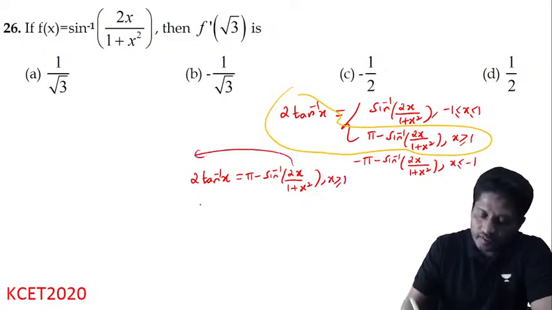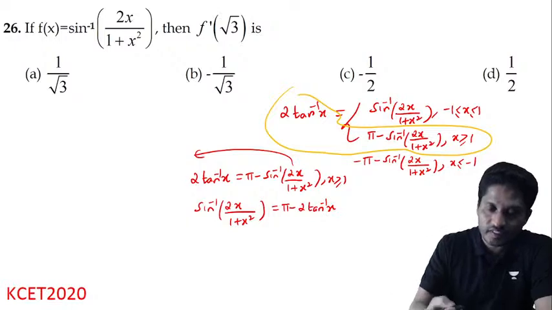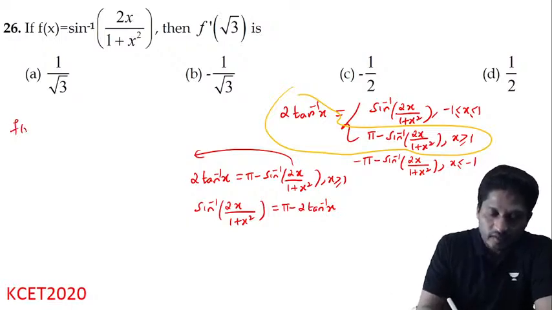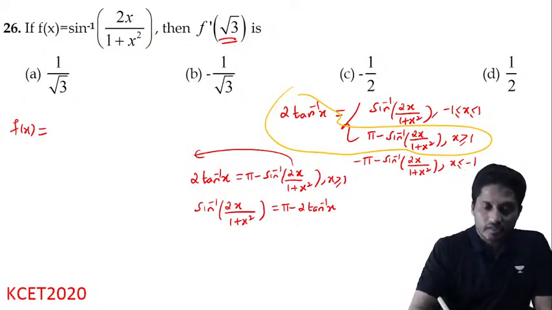To shift on the left side, sine inverse of 2x divided by 1 plus x square is equal to pi minus 2 tan inverse of x. Okay, now differentiation changes based on the domain. f of x is equal to this, I am supposed to find f dash of root 3. Root 3 is obviously more than 1. So this is pi minus 2 tan inverse of x.